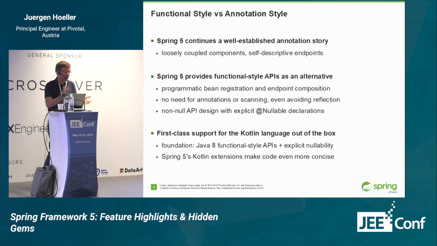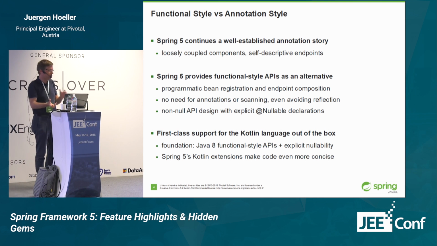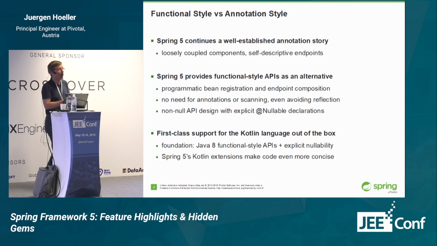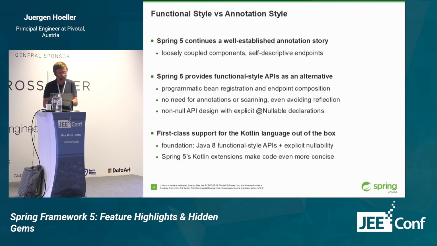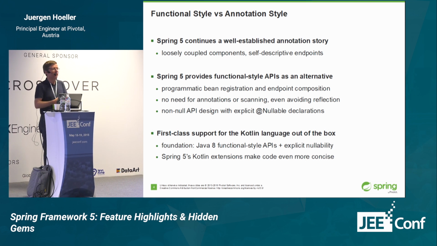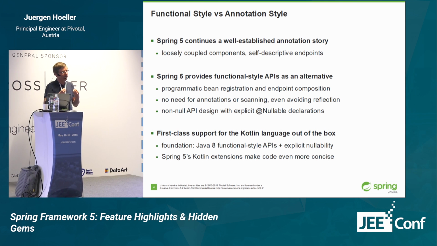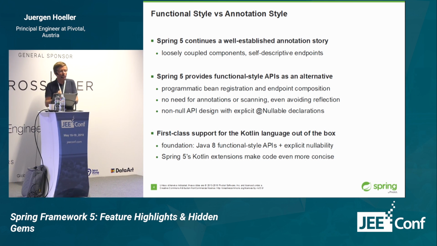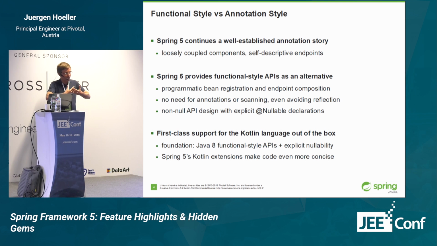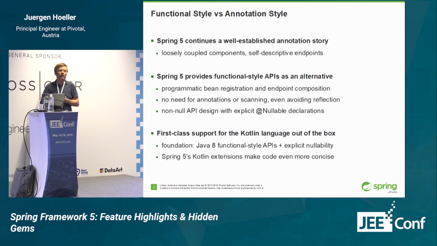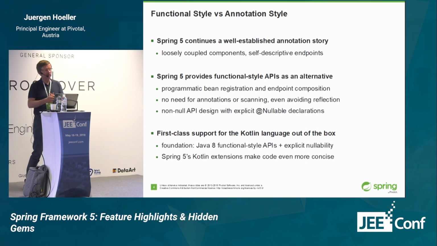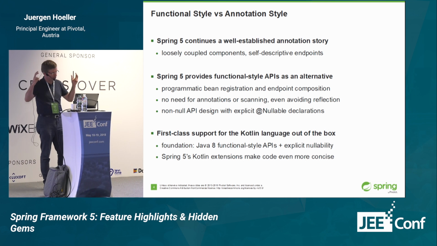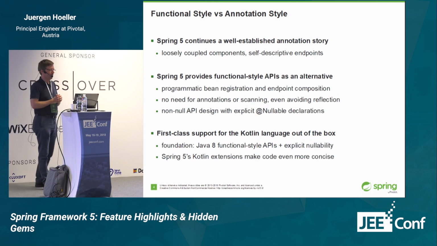You might want to activate annotation support and combine it with functional registration. All of this is, of course, very worthwhile on its own. But from a framework design perspective, it is an interesting challenge to take a more extreme and more pure perspective and try to make the framework usable even under these more extreme restrictions.